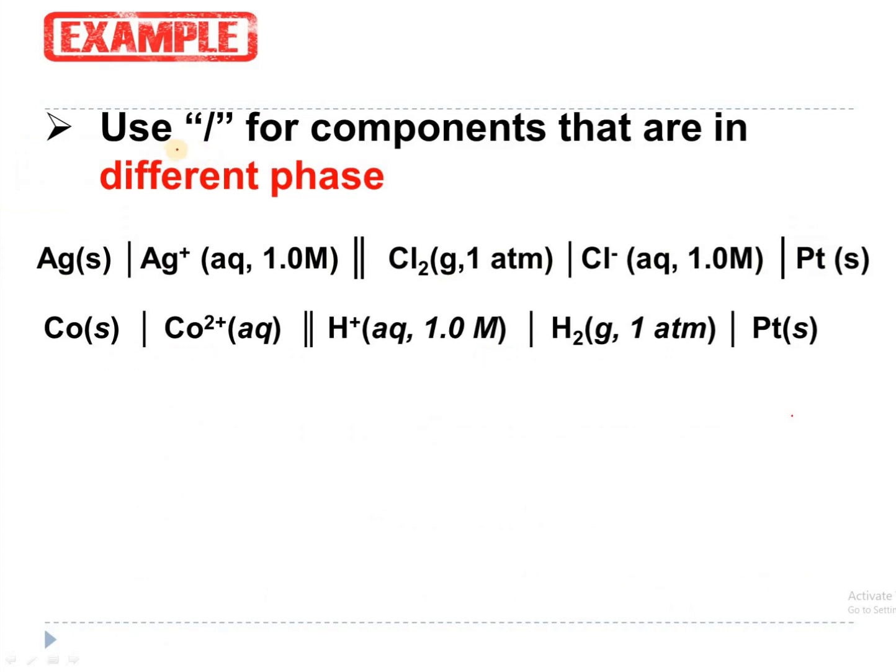Students must remember to use a single slash for components that are in different phases. For example, solid is split from the aqueous phase and the gas phase, so students must use a single slash. A second example for the cathode is hydrogen. The solid phase is not the same as the gas phase and aqueous phase, so we use the single slash.